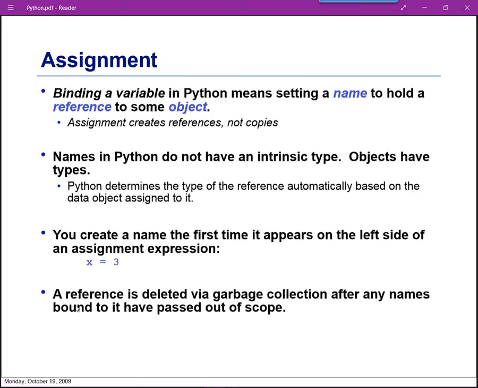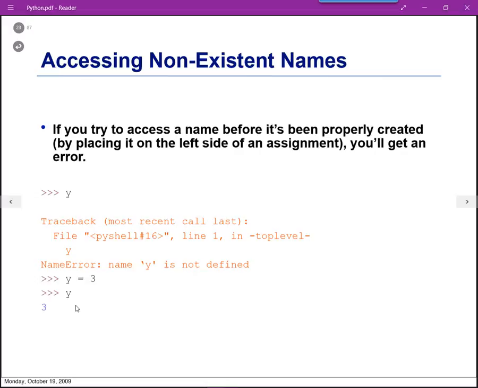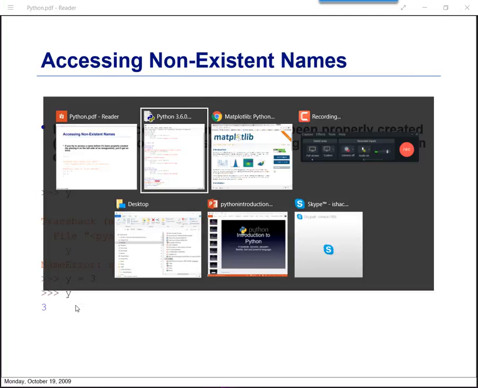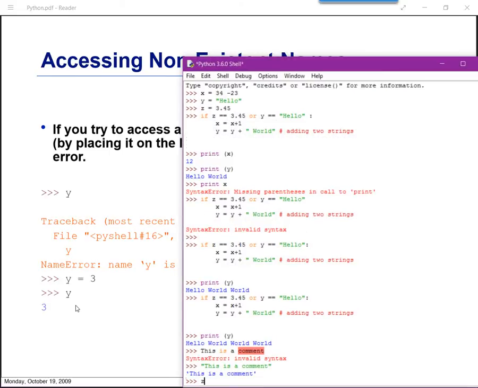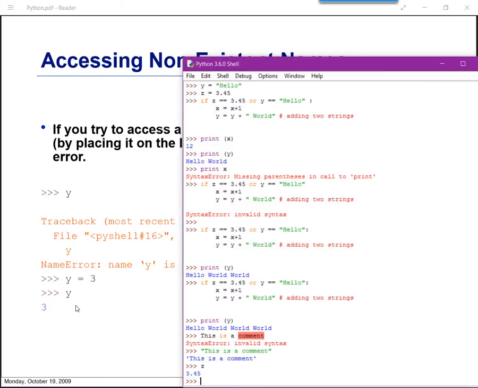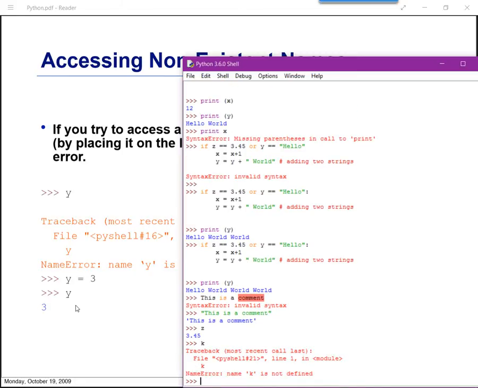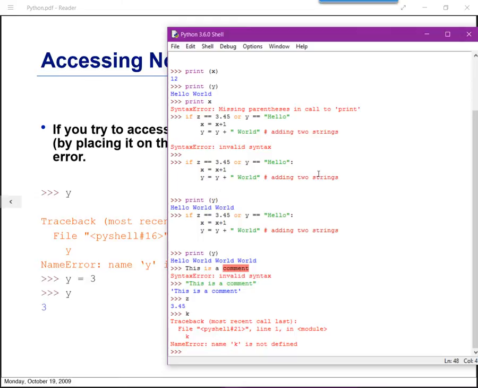Again, if you try to access it before it's properly assigned, you'll get an error. So all that means is going back to here. If I put Z in return, oh, Z has been defined. Say K, and K just simply says that it hasn't been used. K has not been assigned.